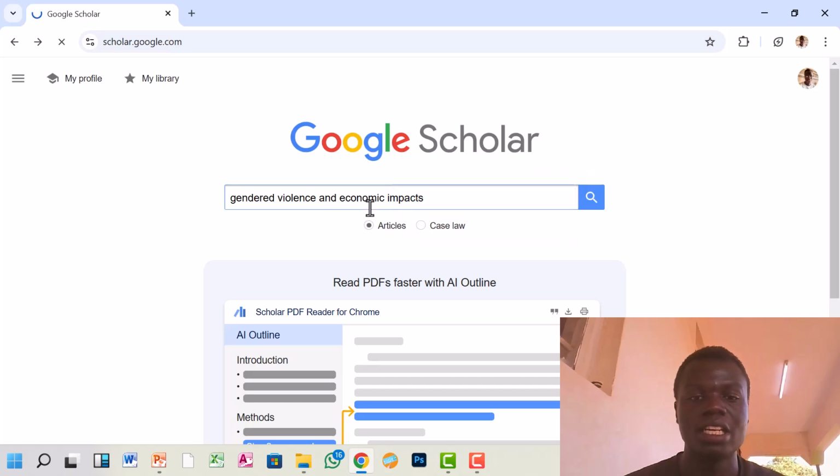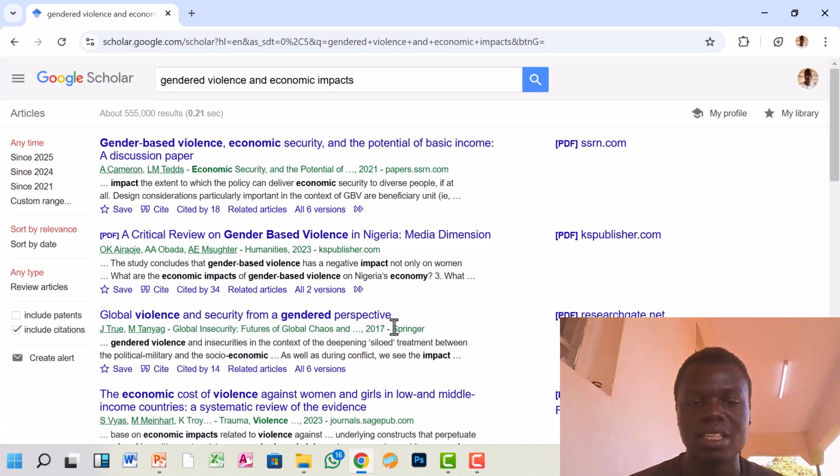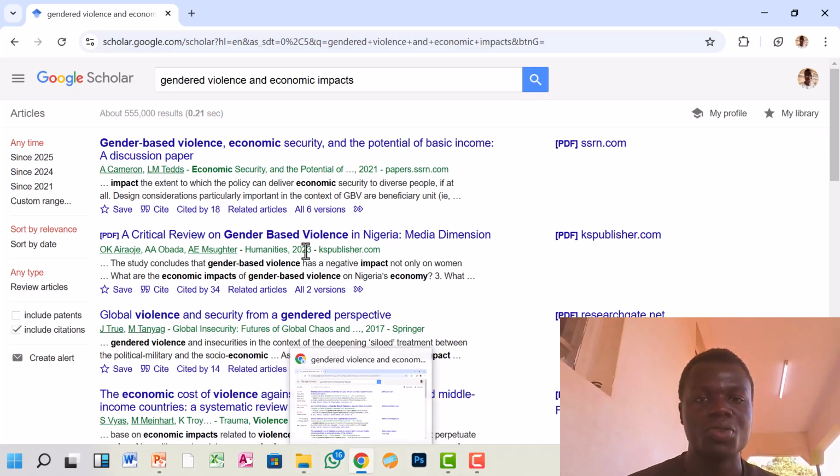It retrieves results related to gendered violence and economic impacts as well. You can see gendered violence, economic security. You can see gendered violence and the economic cost of gendered violence against women. The major concern is that it retrieves results based on only what you have specified.